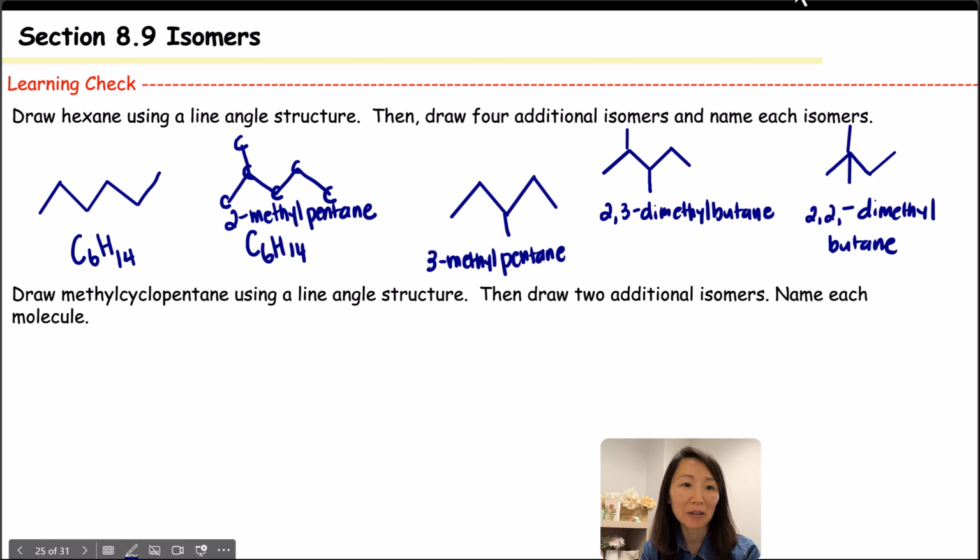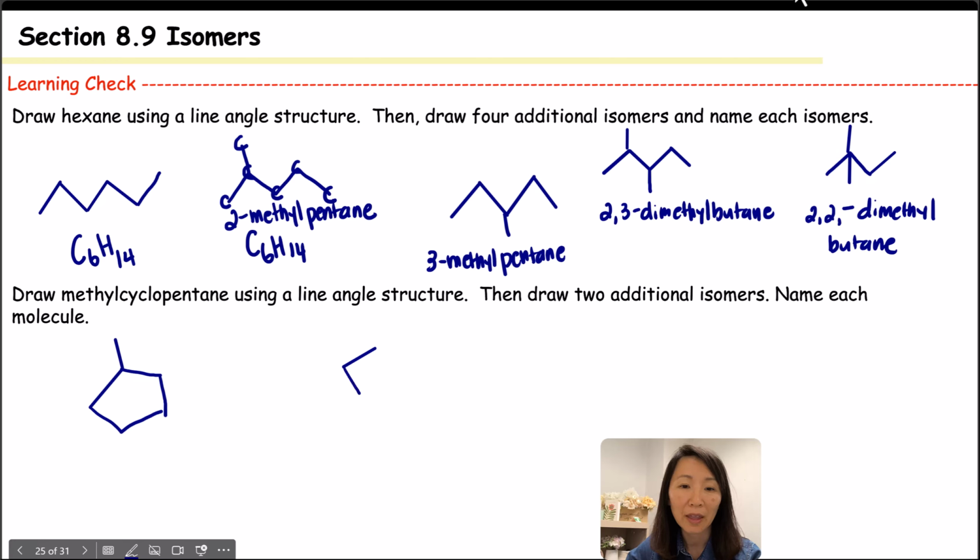Let's do another one. Draw methylcyclopentane using a line angle structure. Then draw 2 additional isomers. Name each molecule. Cyclopentane is a 5-carbon ring structure, and it's also got a methyl group. So I'm going to draw one. Okay, that's my methylcyclopentane. Now I'm going to draw 2 other additional isomers. So here's one.